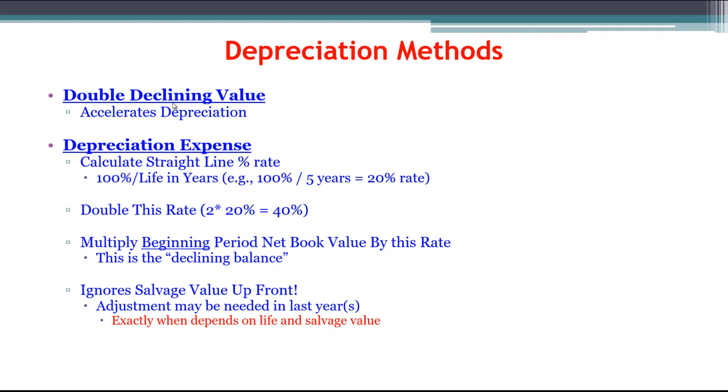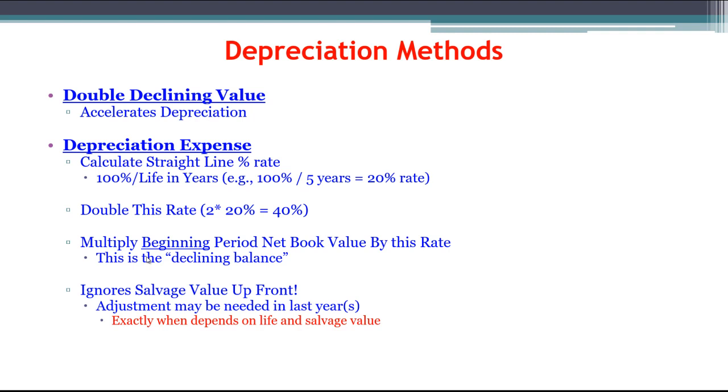The declining balance or declining value means that every year we're multiplying this rate, this percentage, by a declining balance. And specifically, it's the beginning net book value for that year that's being multiplied by that rate. Every year that balance declines, and that's where the term comes from.